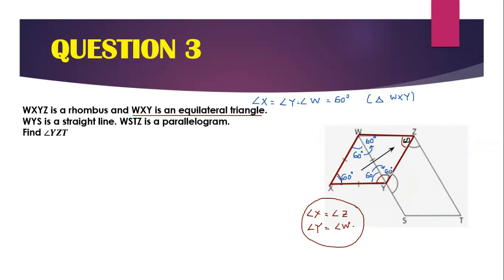Okay, done, right? So students, here is 60 degrees. This one 60 degrees. Because of the straight line, this is a straight line, right? Look at here, this one is a straight line.